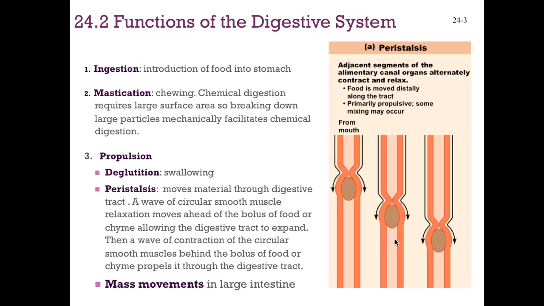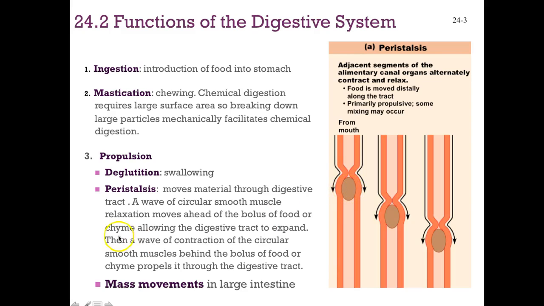Third, we have propulsion. First, within propulsion, we have deglutition, and this is swallowing. Next phase is peristalsis, and this is what we see over here on the right. We have smooth muscles found in our GI tract that will contract involuntarily and create this wave-like motion in order to propel the food, or at this point in the esophagus, it's called the bolus.